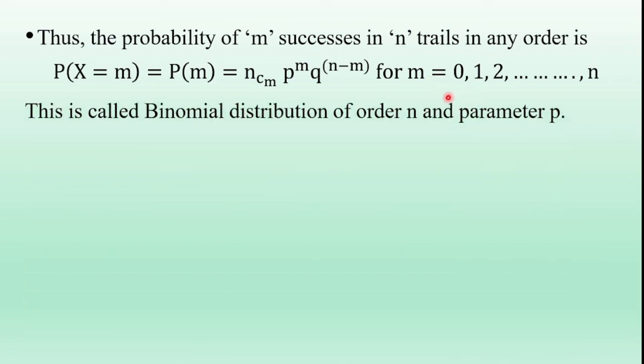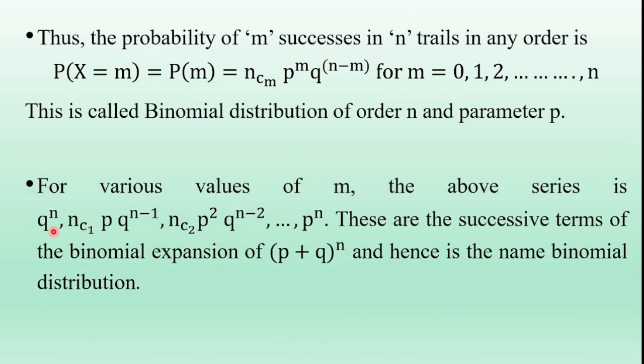In this binomial distribution expression, substitute various values of m, that is m equal to 0, 1, 2, 3 and so on. First substitute m equal to 0: nC0 is 1, p power 0 is 1, q power n minus 0. The first term is q power n.